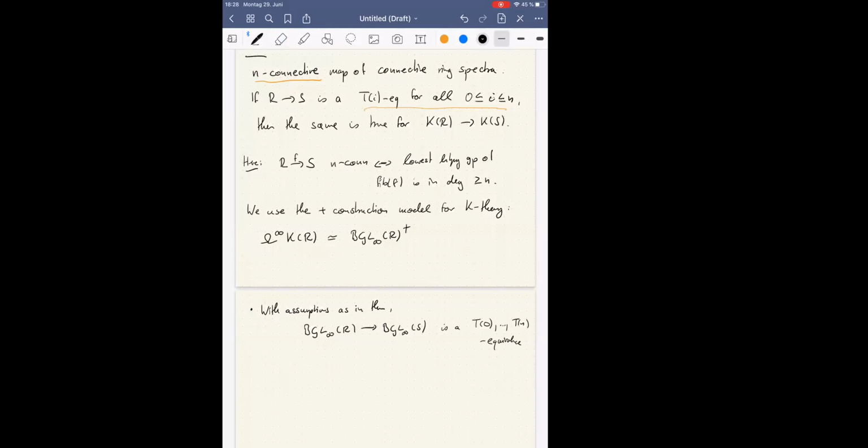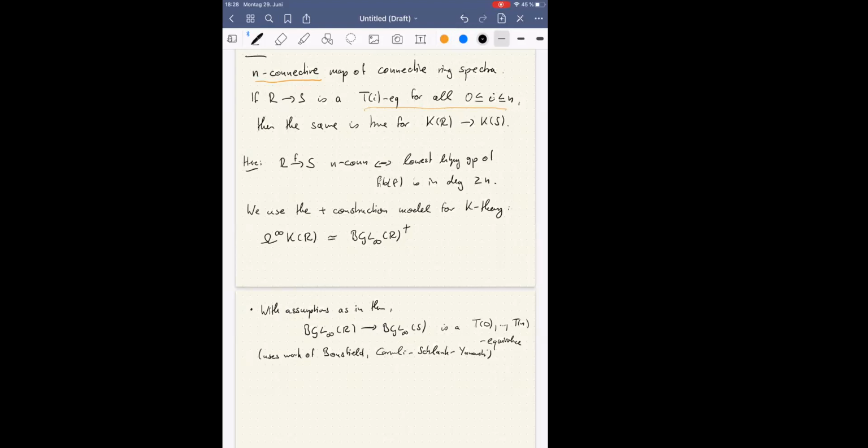So this is, I think, the most difficult step of the theorem. And this uses work of Bousfield and of Carmeli, Schlank, Yanovski. So what we're using is not work about K-theory or something like this.